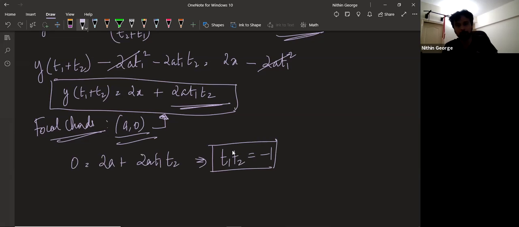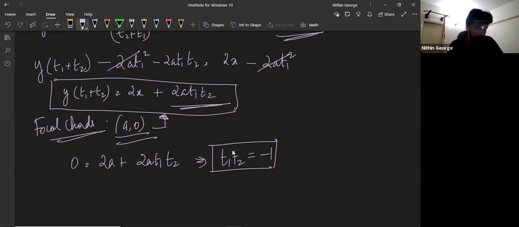So for a focal chord, if the endpoints are t1 and t2, you will always have this condition satisfied, that t1 into t2 equal to minus 1. Whenever you see t1t2 equal to minus 1, you should understand that you are looking at a focal chord. I hope this is clear.